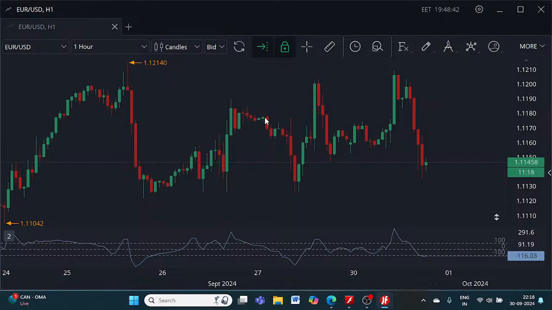The range between minus 100 and 100 is considered to be of subdued moves, and when it moves beyond those points on the higher side or the lower side, that is indicative of strong momentum.